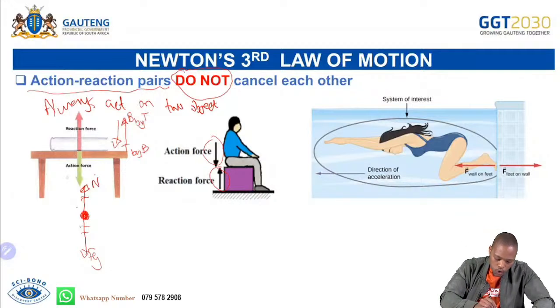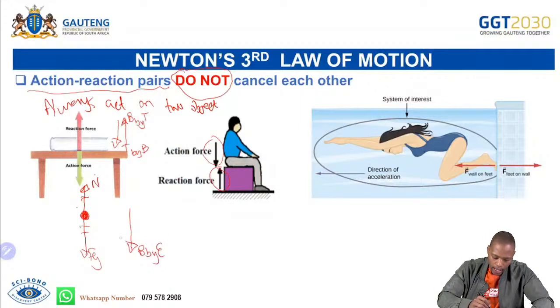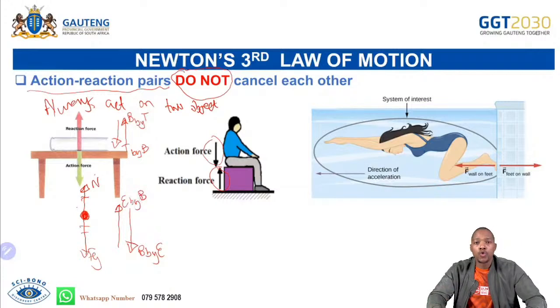If I wanted to look at the force of gravity and its reaction pair, I would say it is the force that is exerted on the book by the earth. The reaction there will be the force exerted on earth by the book. Newton's third law tells us that if the earth pulls us, we also pull the earth.